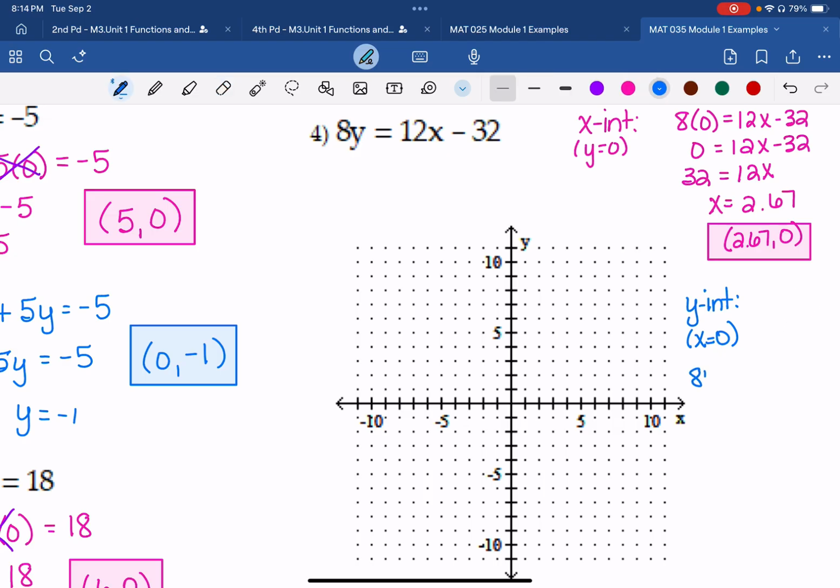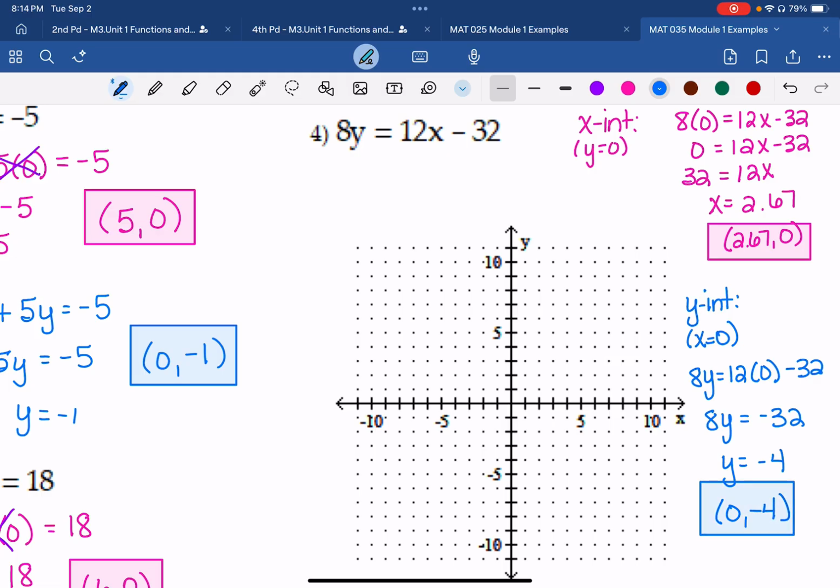So 8y equals 12 times 0 minus 32. So 12 times 0, that's 0. So 8y equals 0 minus 32 is negative 32. I'm going to divide by 8. So y equals negative 4. As an ordered pair, that's 0, negative 4.